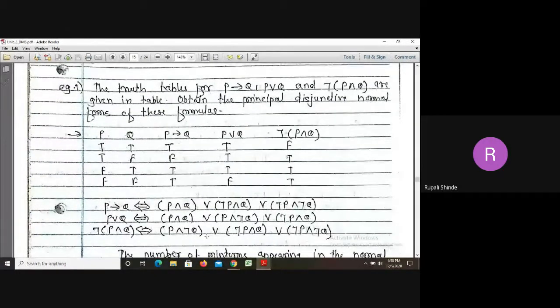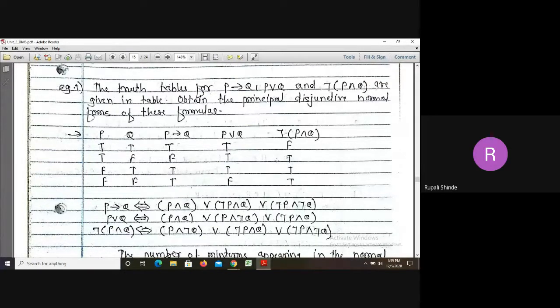Now check here, whatever we got is in the form of sum of product, or we can say that it is a sum of minterms only. That's why this is called PDNF. Again, we can form the PDNF for the remaining two formulas, P or Q, and the next one, negation of P and Q. So what is the procedure?